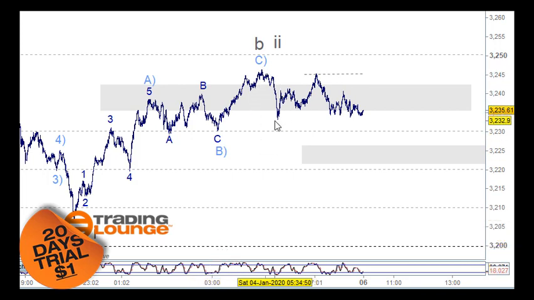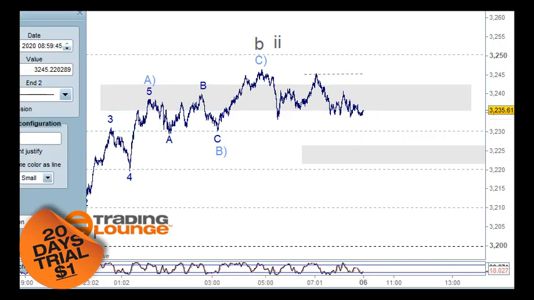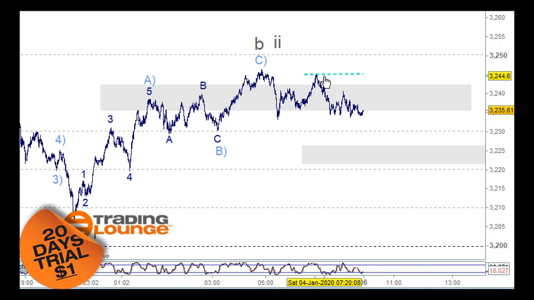It could also be an A and a B and a C wave coming into this space here and moving up from there, and that's why we're going to go long above that high here. So the Elliott wave's important, but also trade setups are important as well, because if that's breached, that takes it past being a corrective pattern, and we would look for this to be something else at that point.